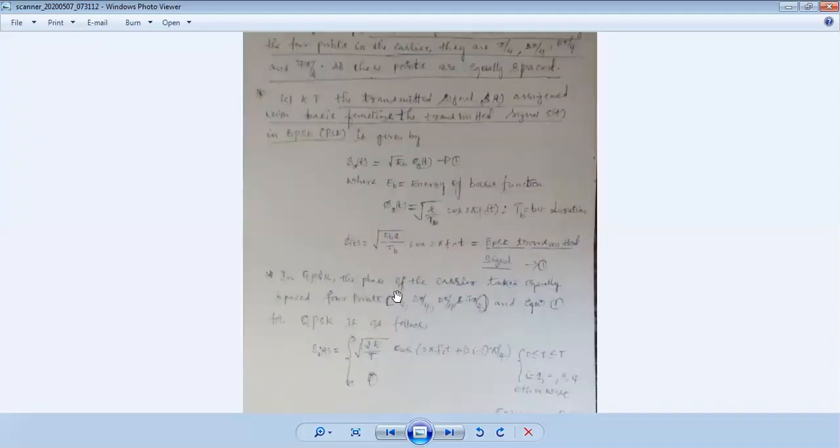Let us say this is the transmitted signal S1 of t. S1 of t is equal to square root of Eb times phi 1 of t, where Eb is the energy per bit. This represents the BPSK signal, the same thing, square root of 2Eb over Tb cos omega ct.